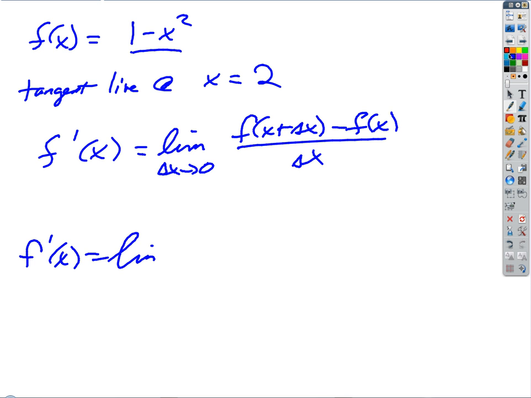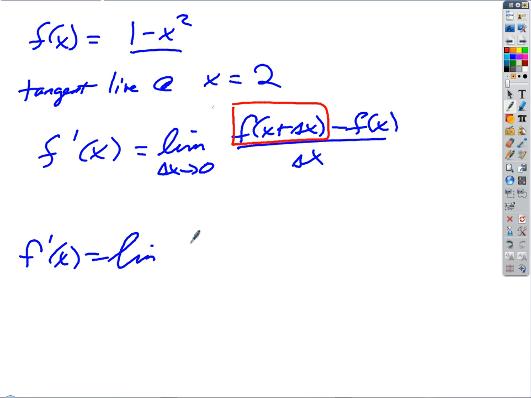About this part right here? What's that going to look like for our function? If f of x is 1 minus x squared, what's f of h? 1 minus h squared, right? h, in this case, is the quantity x plus delta x.